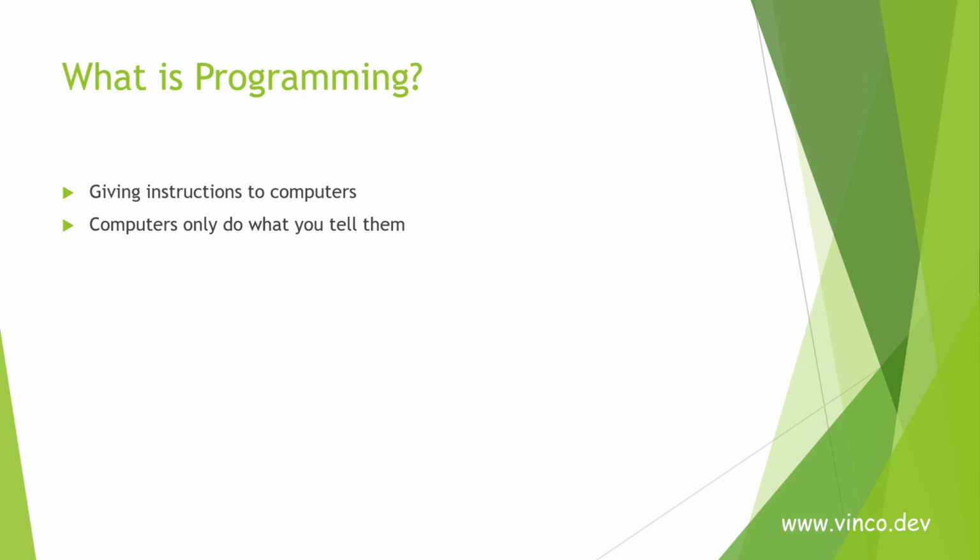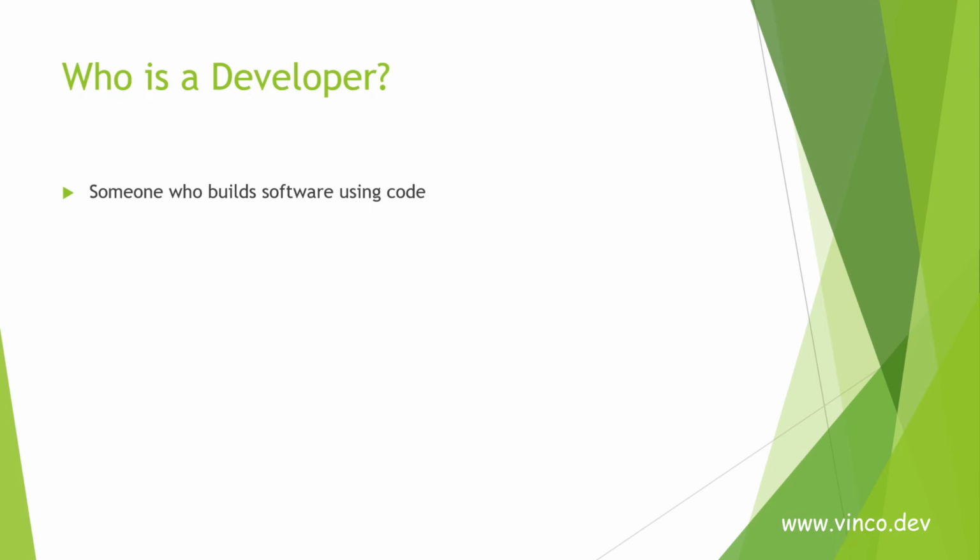Now, who is a developer? You see, a developer is someone who uses programming to build software. We have mentioned these types of software: web application, mobile application, desktop application.